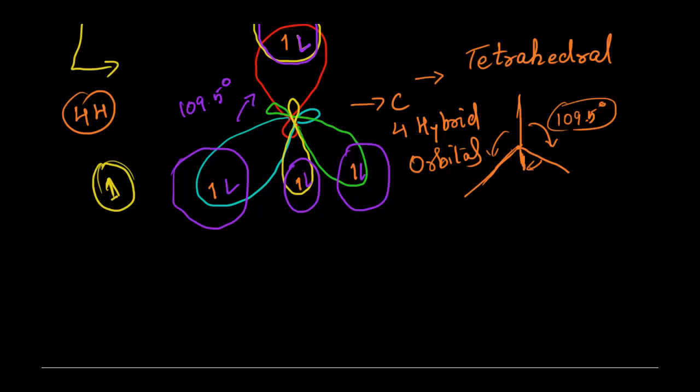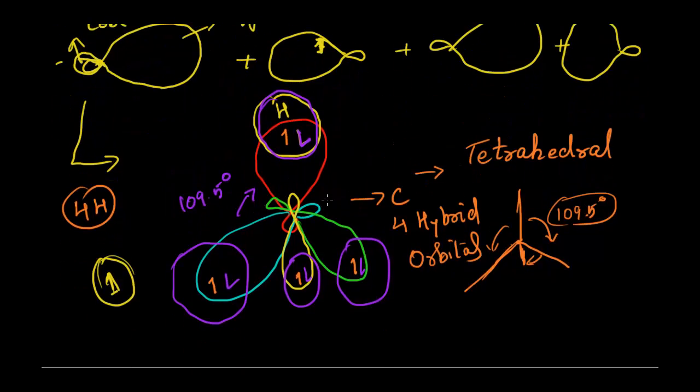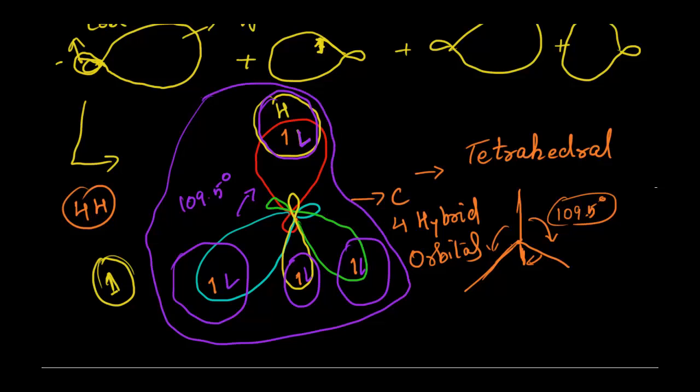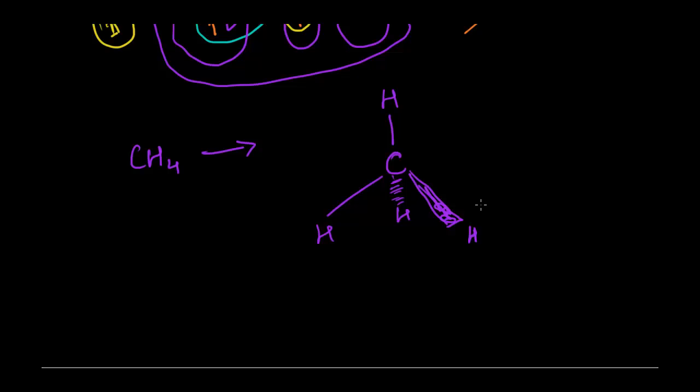So this is how a CH4 molecule will look in 3D space. It will basically form a tetrahedron. So let me summarize this. CH4 will form a tetrahedral with a carbon here, a hydrogen on top, a hydrogen here, a hydrogen going inside, and one hydrogen coming out of the plane.